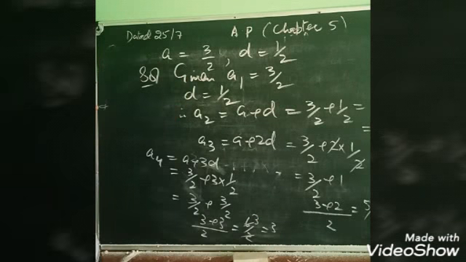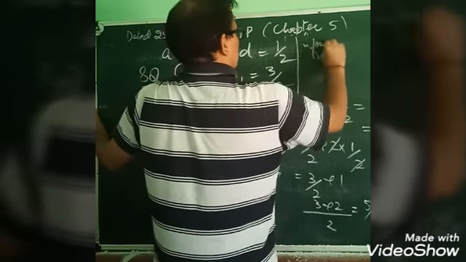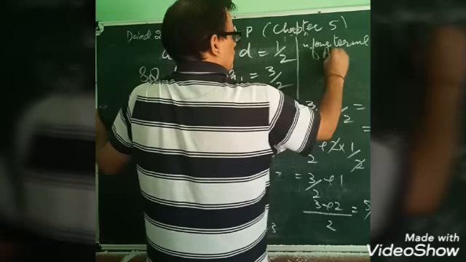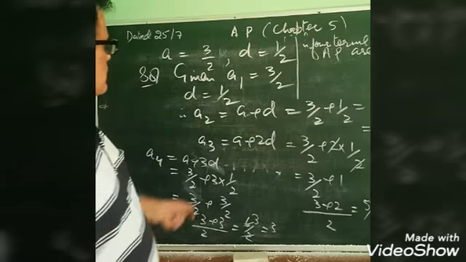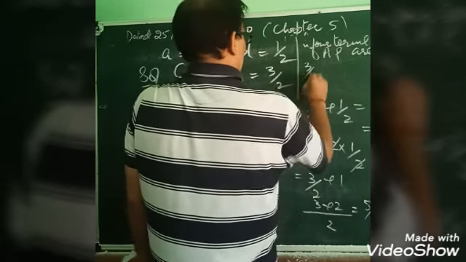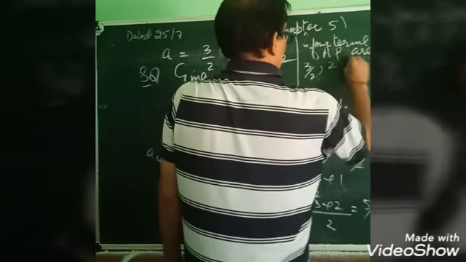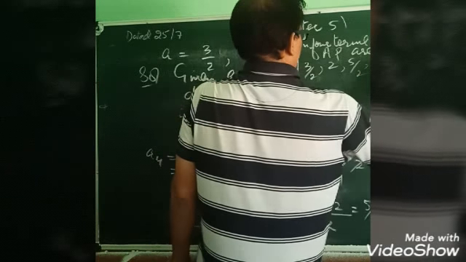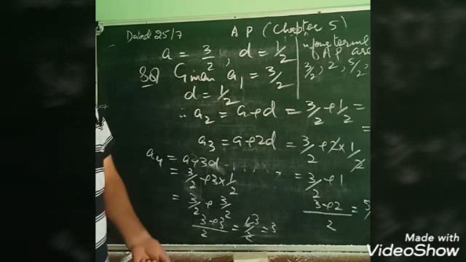Therefore, the 4 terms of the AP are 3 by 2, then 2, then 5 by 2, and then 3, and these are the 4 terms. This is what we have done today, and next we will do the day after tomorrow.